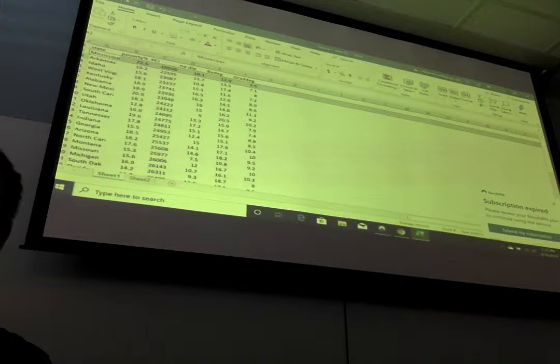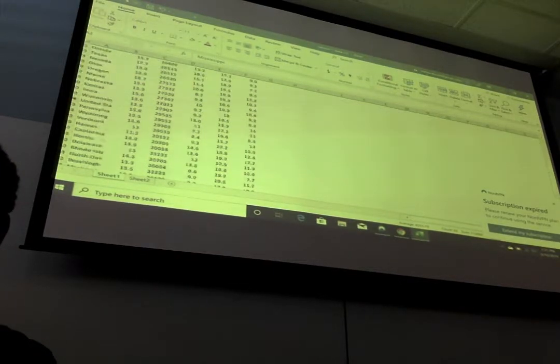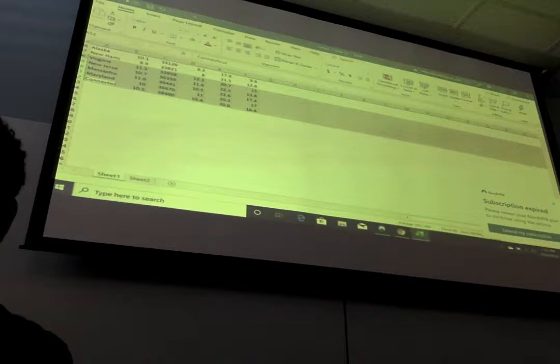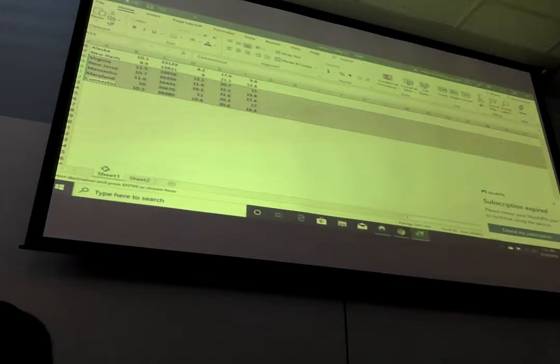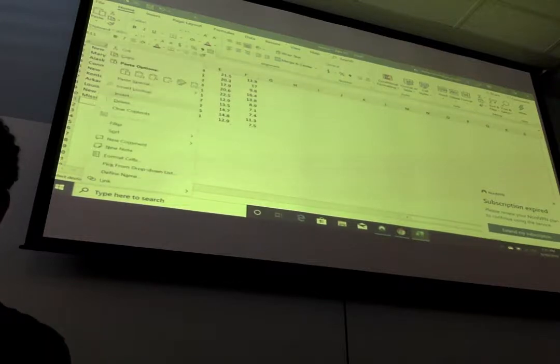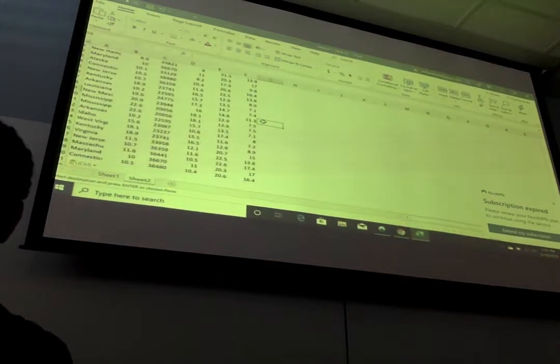PCI, per capita income. As social scientists, these are the terms that we use all the time. Like if you had a job in social sciences, you would be spitting out these initials constantly.